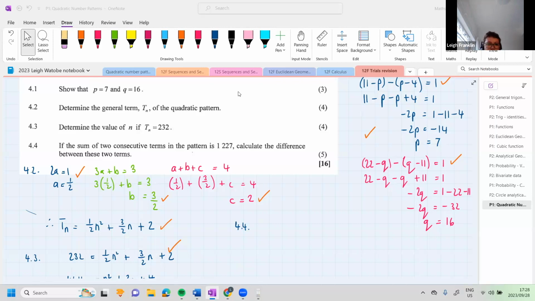What do the rest of you think? Do we have an SN formula for quadratic patterns?